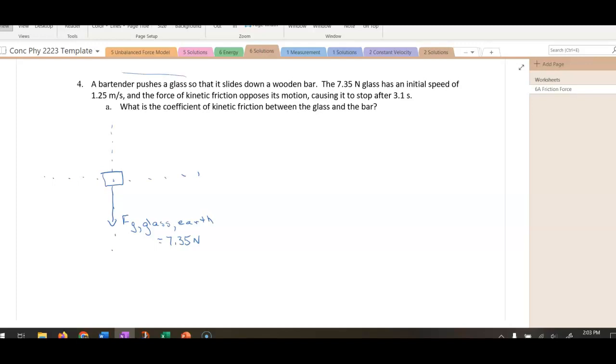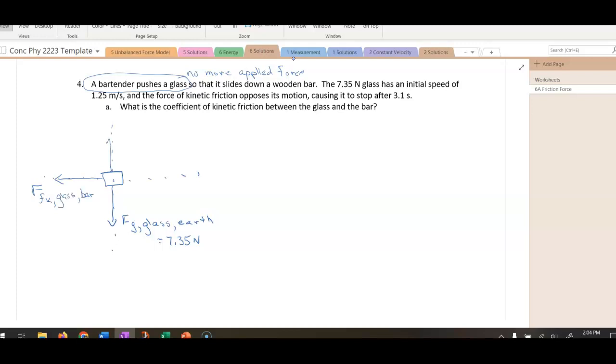There is no applied force. We're looking at it after he has pushed it. So it's sliding, but there's no hand pushing the glass. So there's no applied force horizontally here. But there is a friction force, and it's going to be a kinetic friction force because the glass is moving on the glass by the bar.